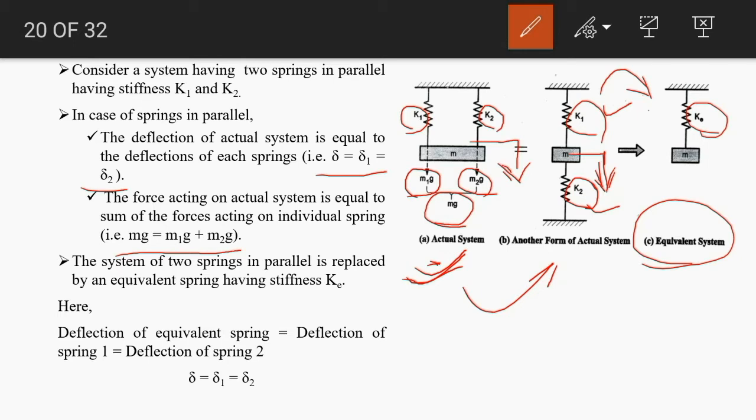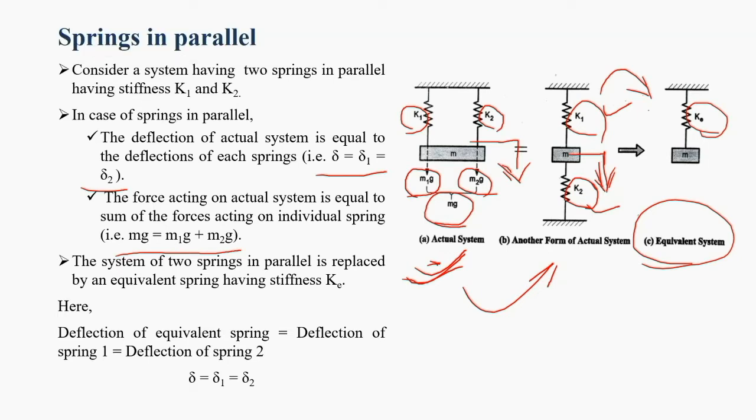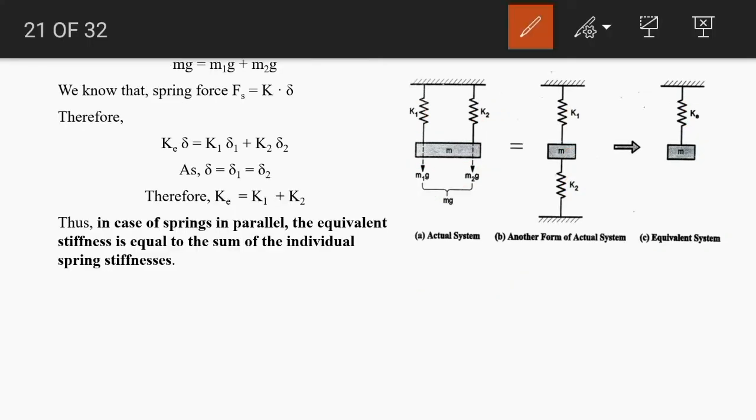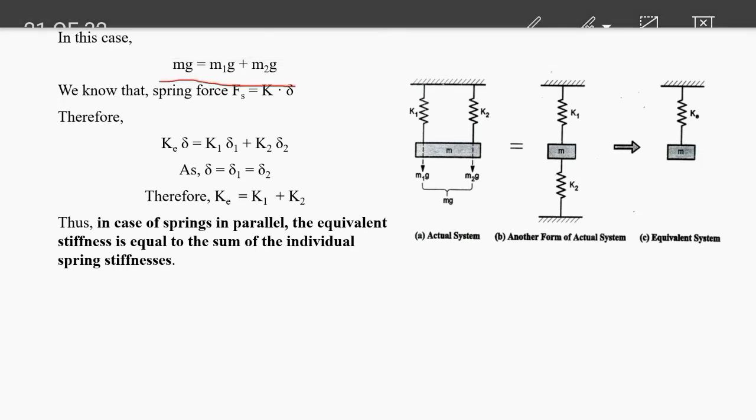To find the equivalent stiffness, we know that the deflection of the equivalent spring is equal to the deflection of spring 1 and spring 2. So delta is equal to delta 1 is equal to delta 2. Now we have the relation mg is equal to m1g plus m2g.